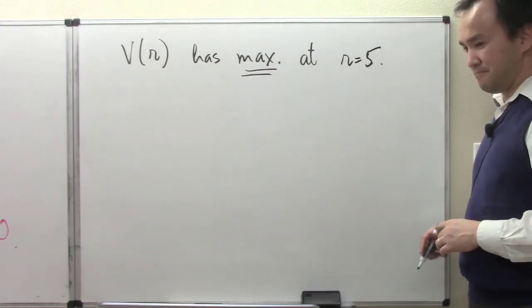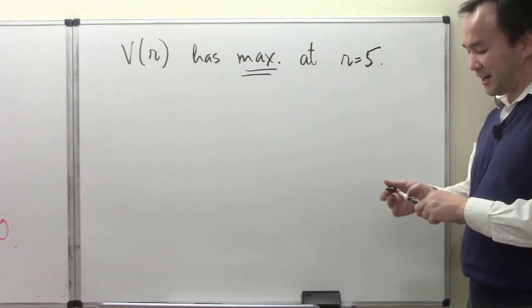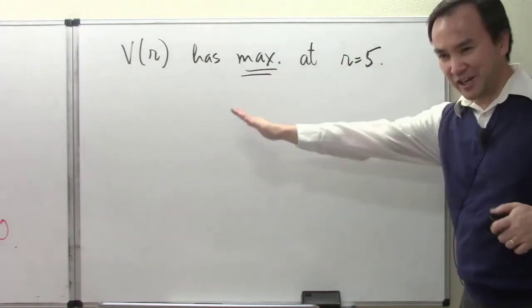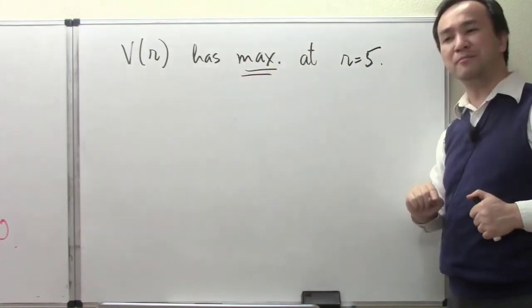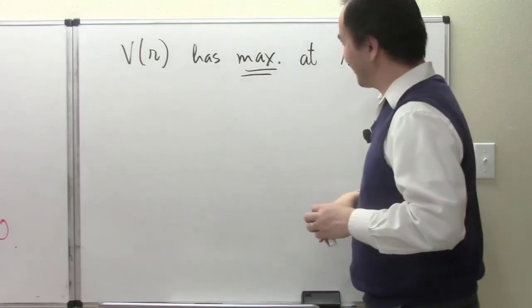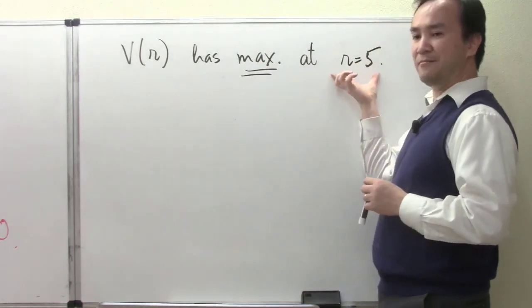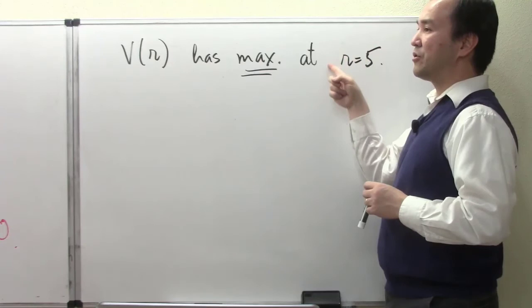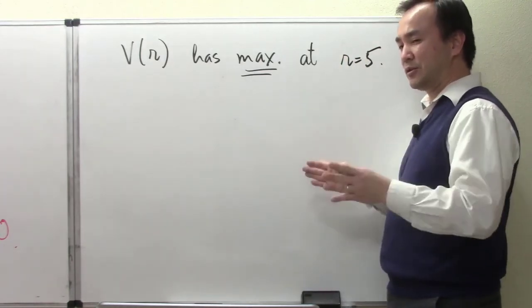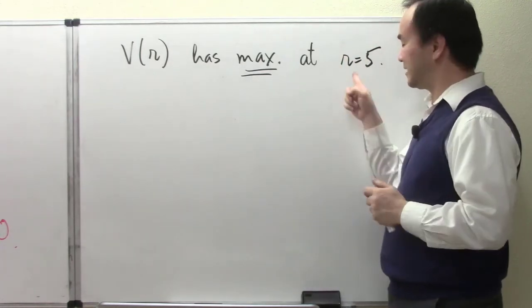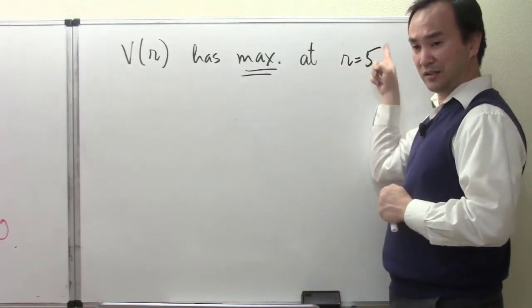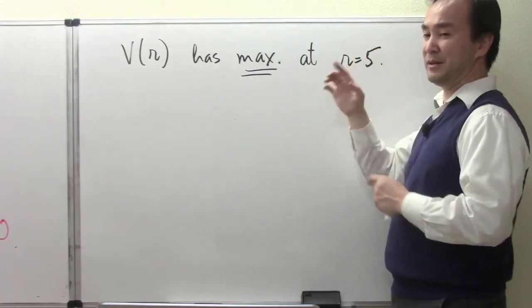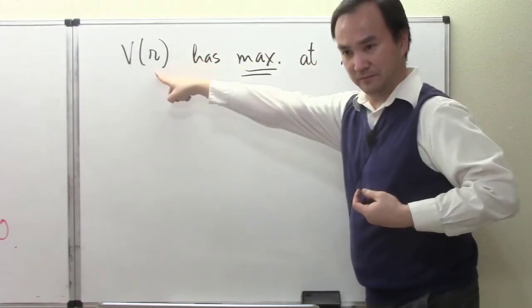Okay, so before I rush into finding the actual maximum volume, let's read the problem one more time carefully. What we have found here is, in a practical meaning, one of the dimensions of your cylinder that determines the volume of your objective.